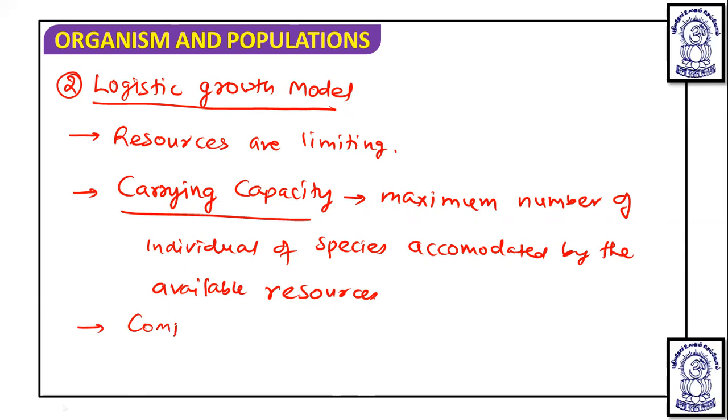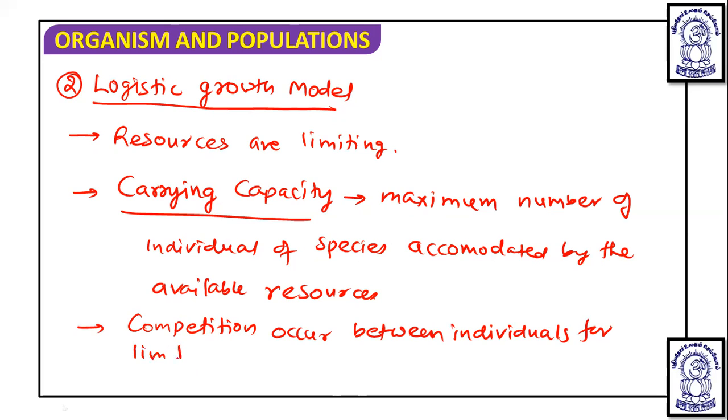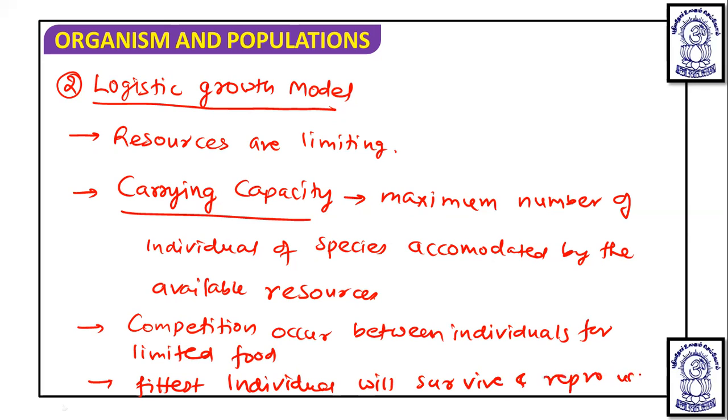So competition occurs between individuals for limited food, and it is known that the fittest individual will survive and reproduce.